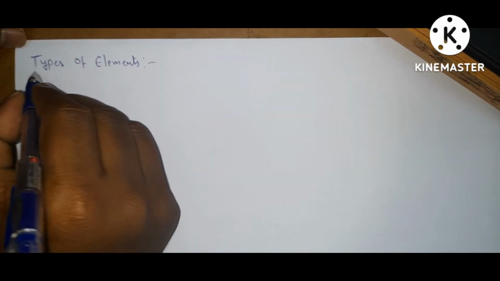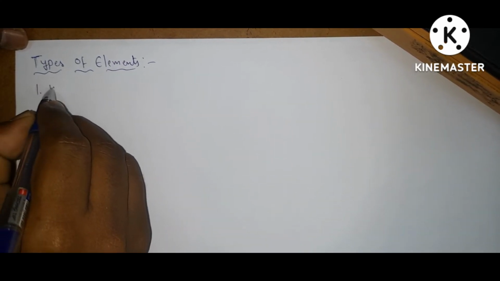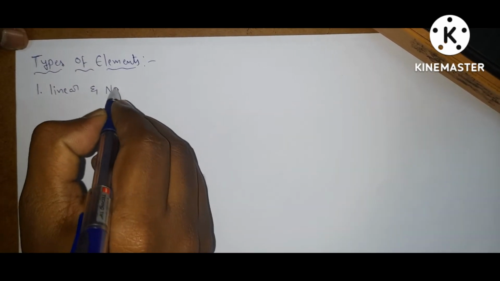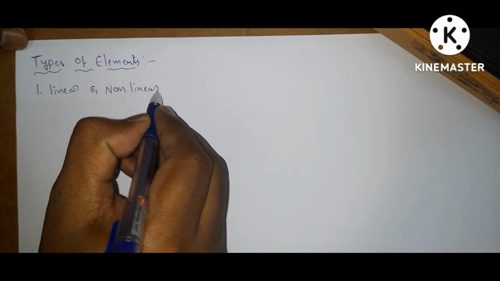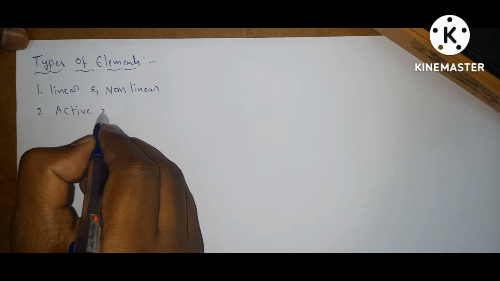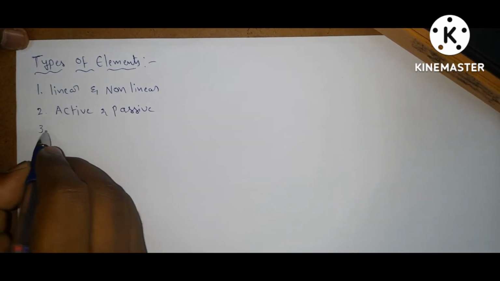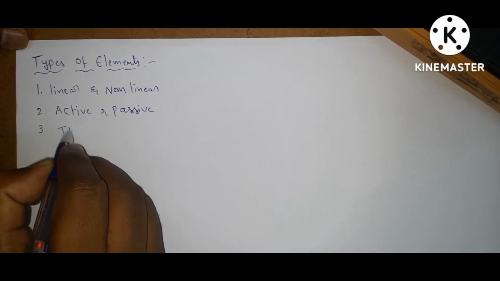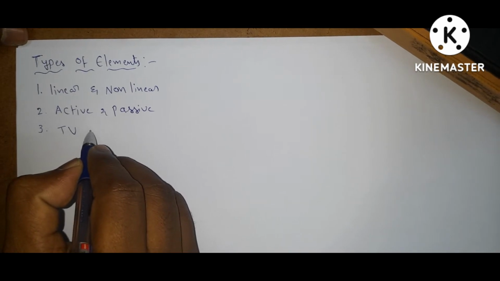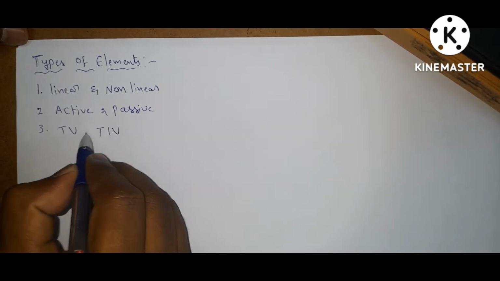Our next topic is types of elements. In that, first one is linear and non-linear elements. Second one, active and passive elements. Third one is time varying or time invariant elements.